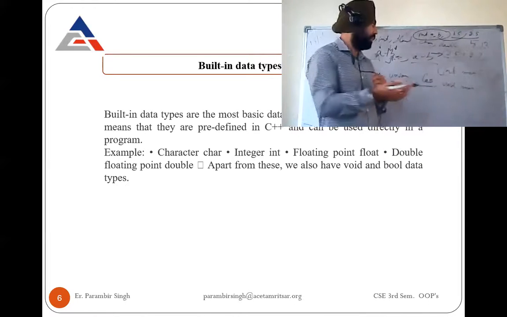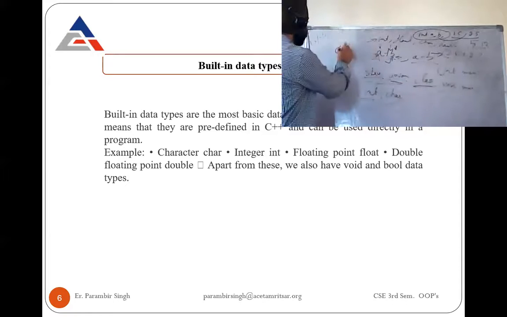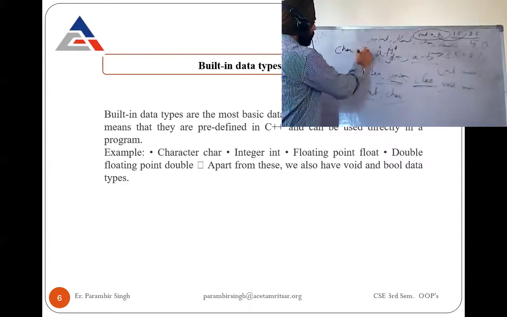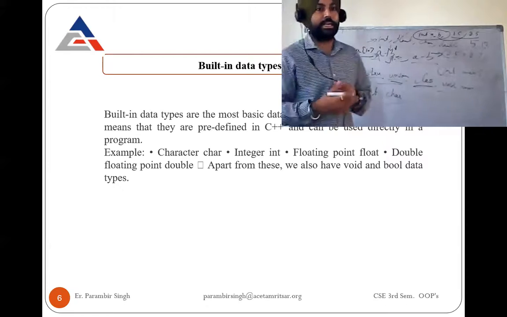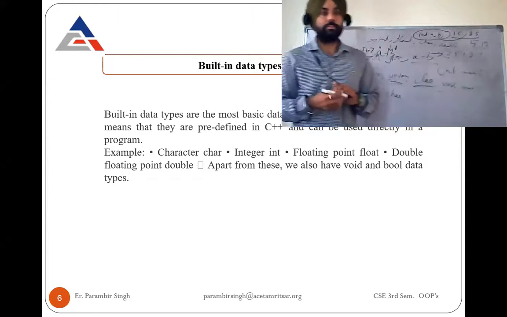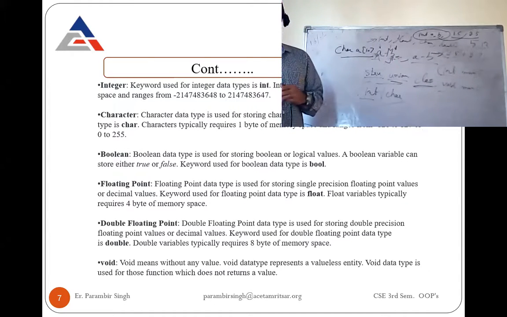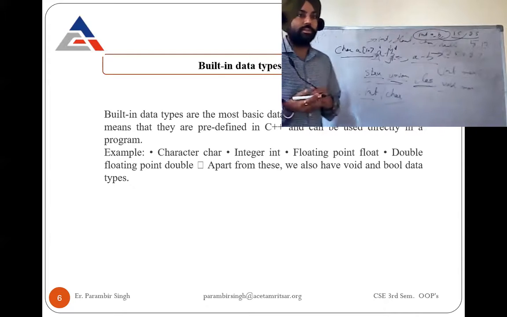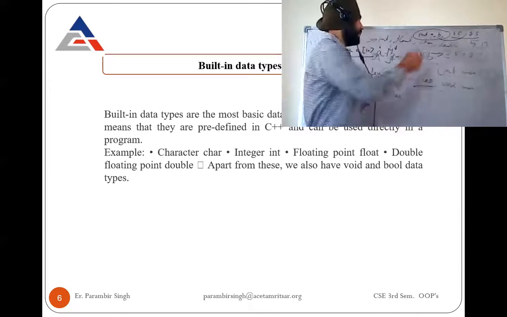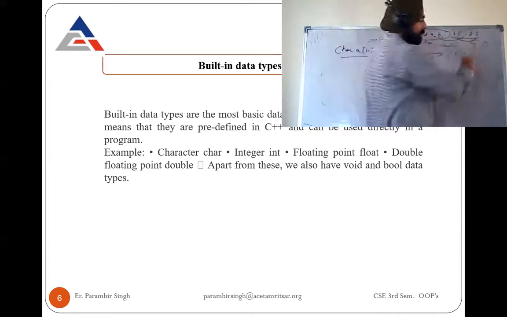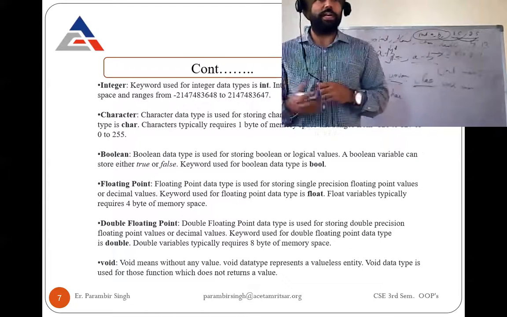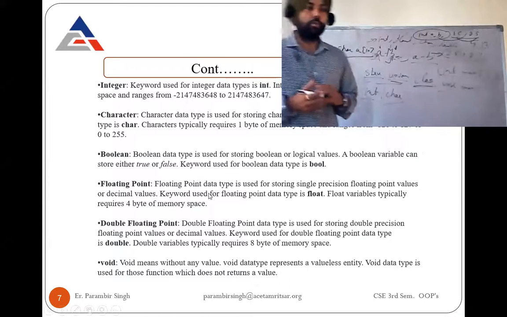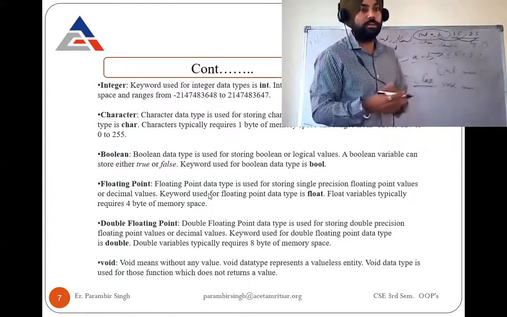For example, a character type variable, suppose chr, where chr acts as the character type variable. We also have floating values, entered with the help of a dot, and integer type, character type, floating type, and double.